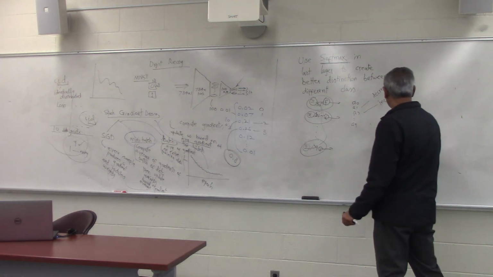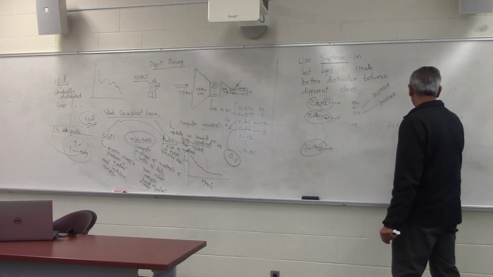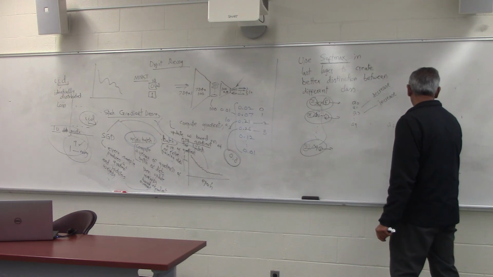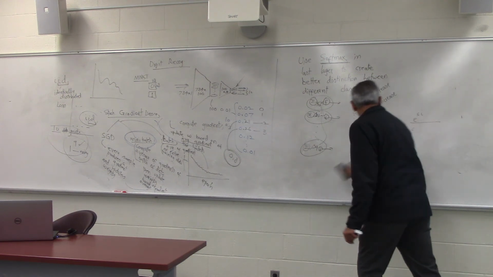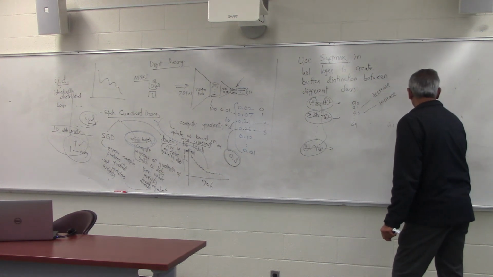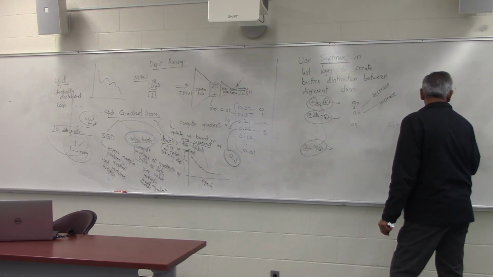And the formula for A of i will be e to the Si divided by e to the S0 plus e to the S1 plus e to the S9.